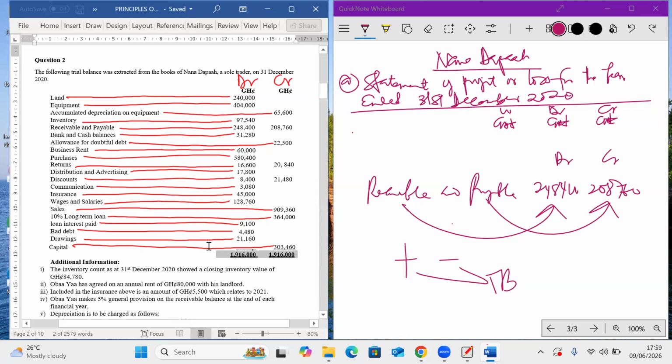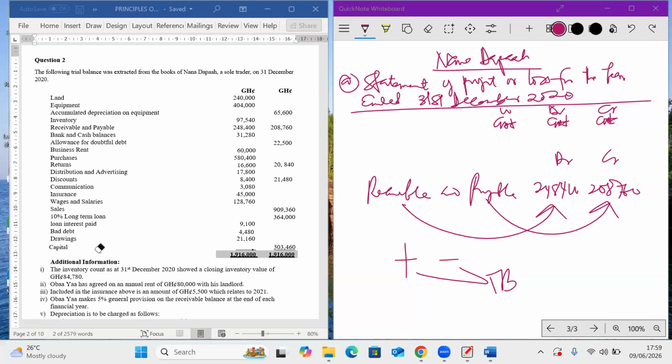All right. So the inventory count. We have inventory. The inventory here is I, right?